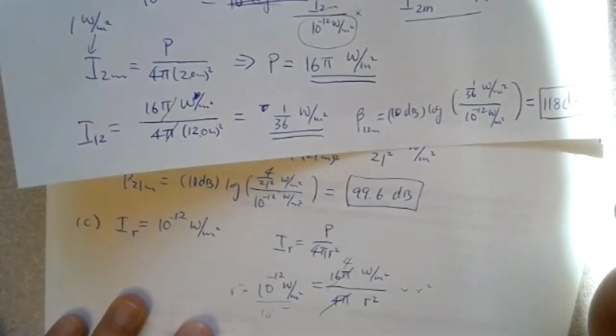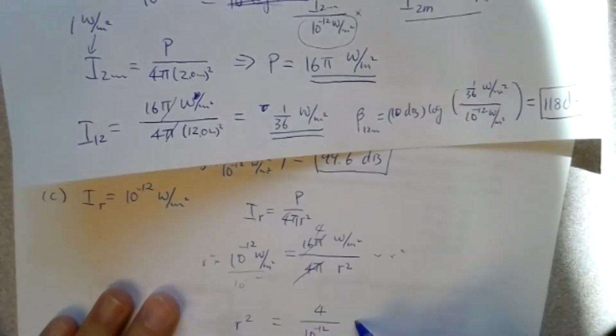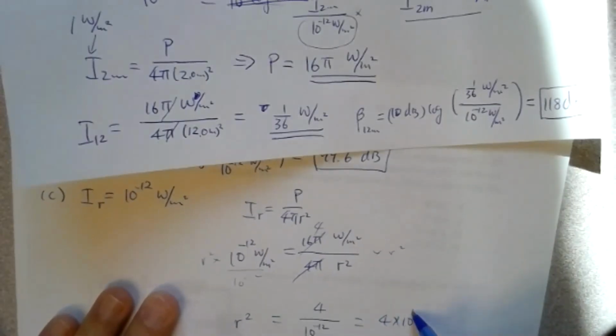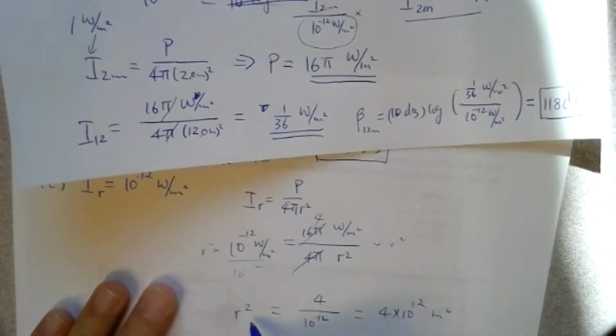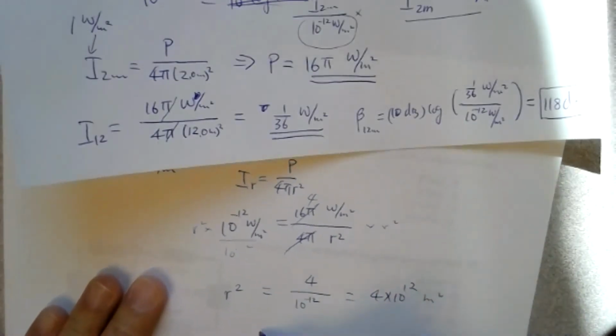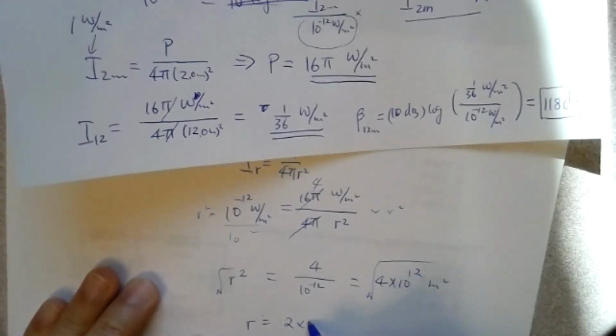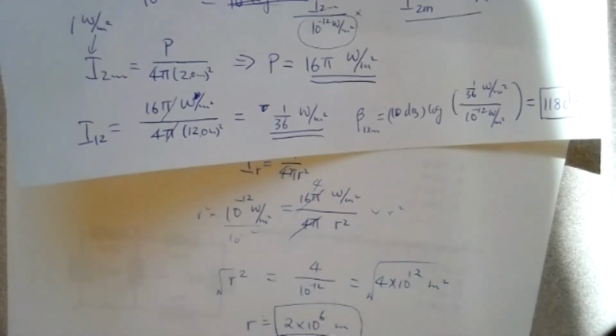So this is 4 times 10 to the 12 meters squared. And for your R, you will take the square root of this side and the square root of that side. R is equal to 2 times 10 to the 6 meters, all right? So that's how far the siren can be heard.